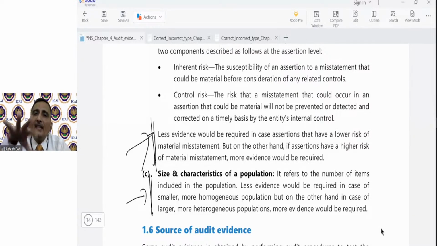So homogeneous means which is similar. तो एक ही आइटम की परचेज हो रही है, so obviously it would be easier for you to select a sample, because all the items are of similar nature. So you can select a smaller sample that can also serve the purpose. So clear, guys?